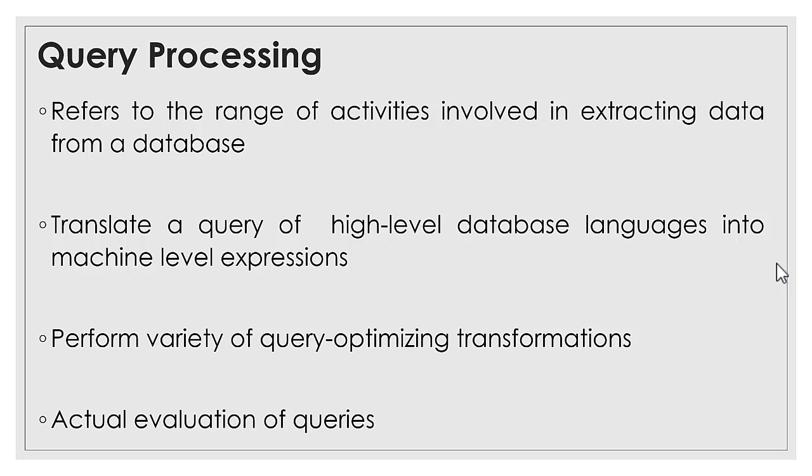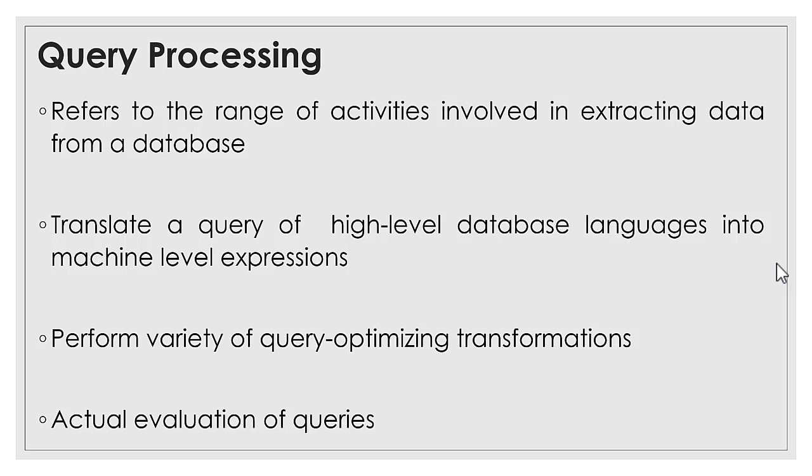from the database. First, it will translate a query from a high-level database language, in our case SQL, into a machine-level expression so that the machine can understand what the query is for. Then, on that machine-level expression, it performs various query optimization transformations so that the query can produce the result in a faster manner.